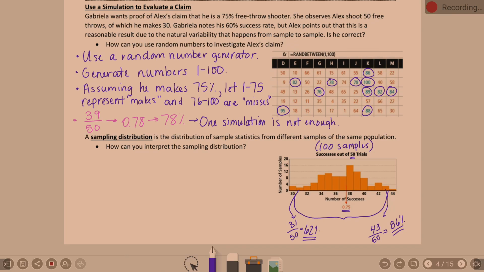Now, I'm going to write down some information. I'm going to start with the fact of 95%. So 95% of the data falls within 31 to 43 successes, or 62 to 86%.